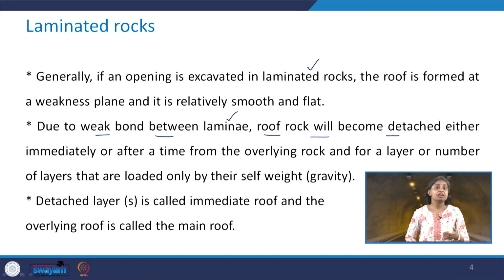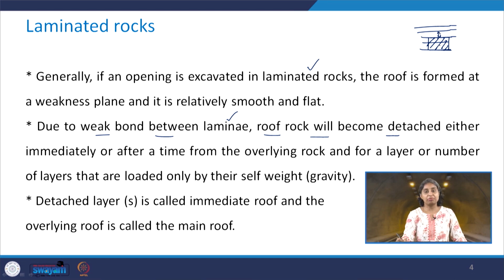See, what happens is, let us say that these are the laminated layers. Now you make an opening here. The moment this opening is made, the roof can become detached. The roof is this layer.